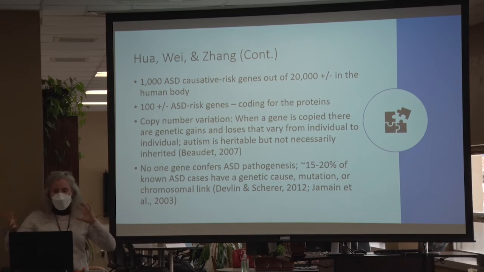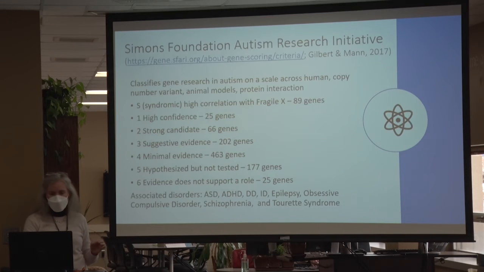We've got copy number variation and there's changes, but is that potentially contributing to autism? Okay, so while no one gene confers this pathogenesis, we know that there is, and it depends on the study, somewhere 15 to 20, 8 to 20, some say a little bit more, some say a little bit less.